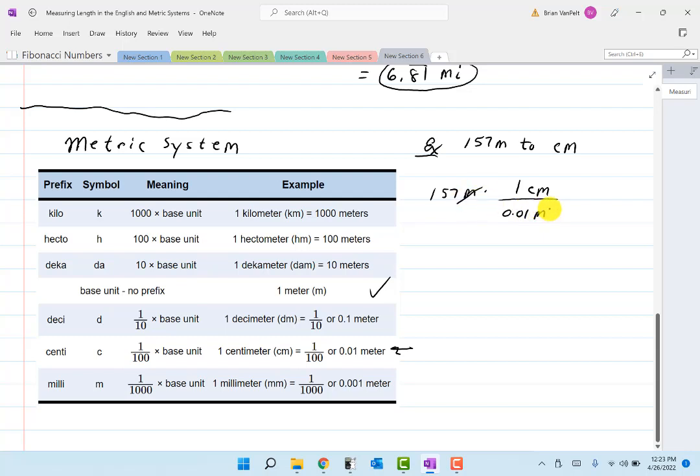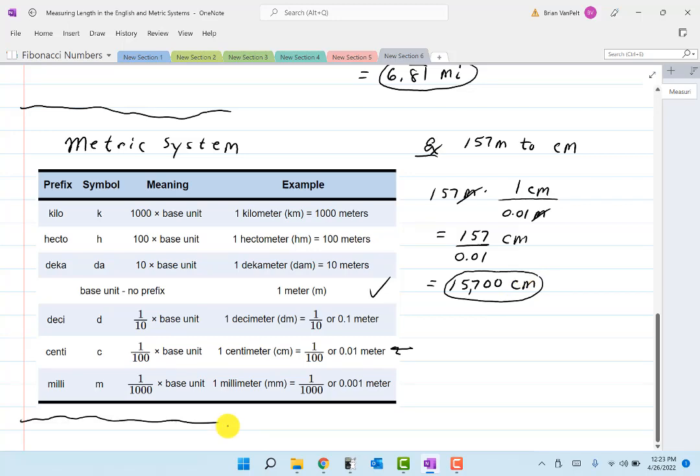That way I can cancel these meters out. And then I have 157 divided by 0.01 cm. So it's in the correct units. All I have to do is finish this off. And you're going to find that you're just going to add 2 zeros to that number in the numerator. 15,700 centimeters. So the conversion works exactly the same way. You'll be able to have this table. You don't have to memorize it.